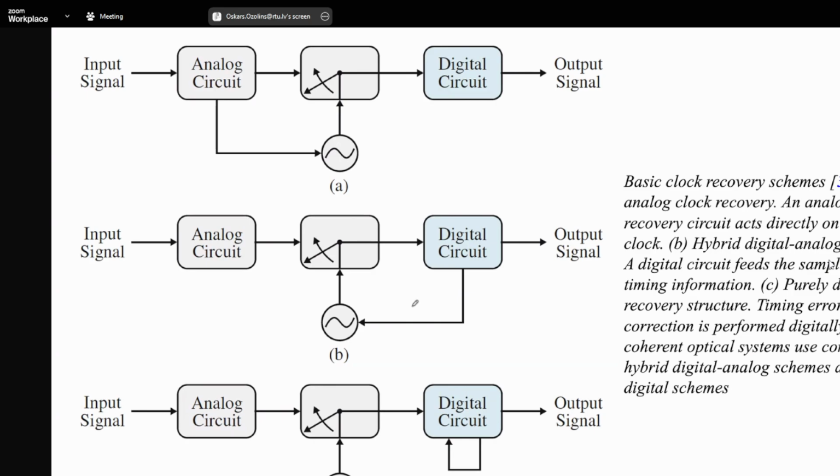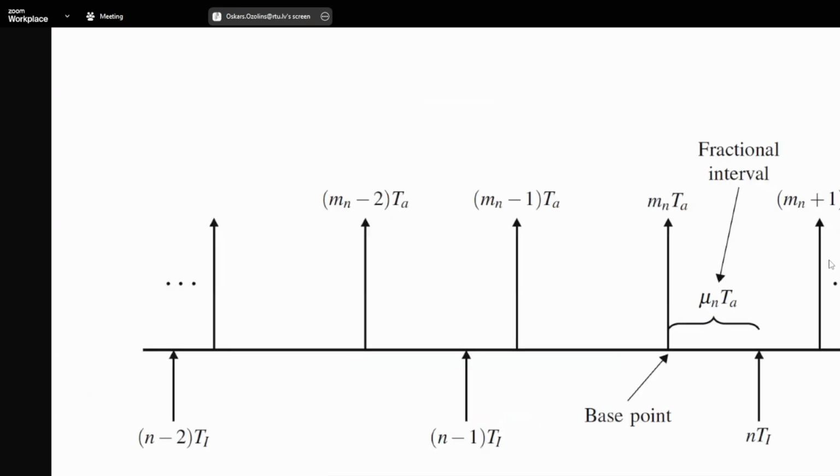So yeah, 10 gigabit systems probably had the analog clock recovery circuit, but currently in some you might have only digital. So there are different combinations. I don't go too much into details.